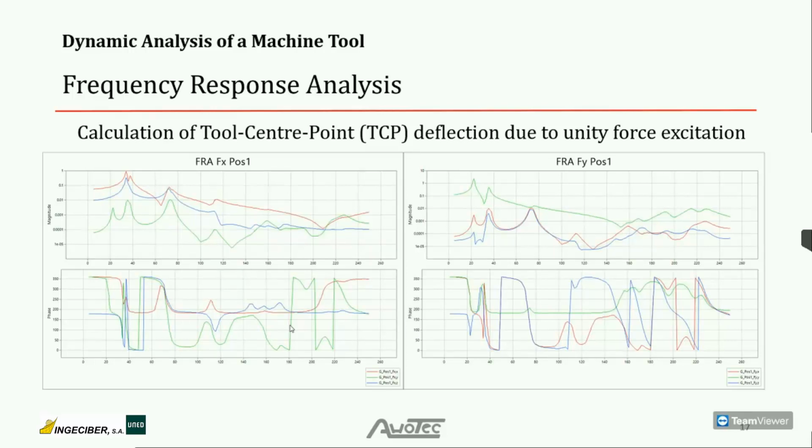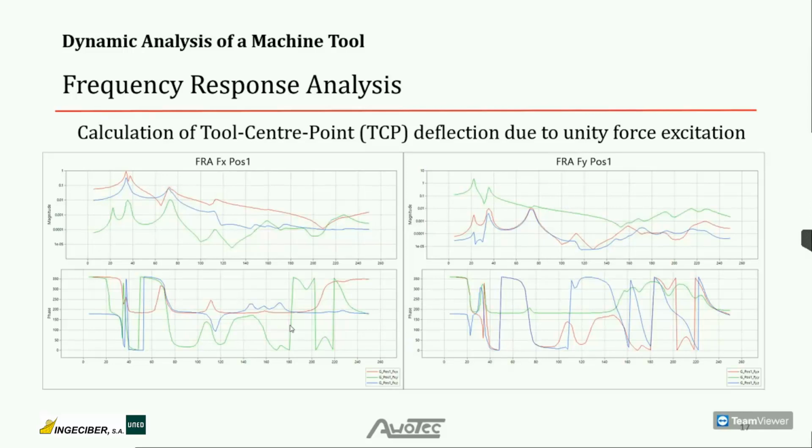The frequency response analysis is excited via a unity force. In this case it was 1 kilonewton, and this is a fundamental of this method. This force varies harmonically, so the response is harmonic as well.